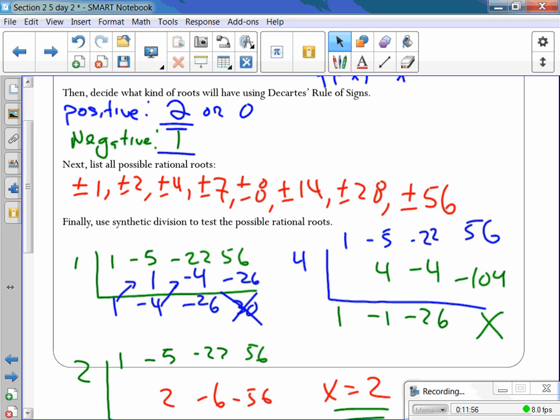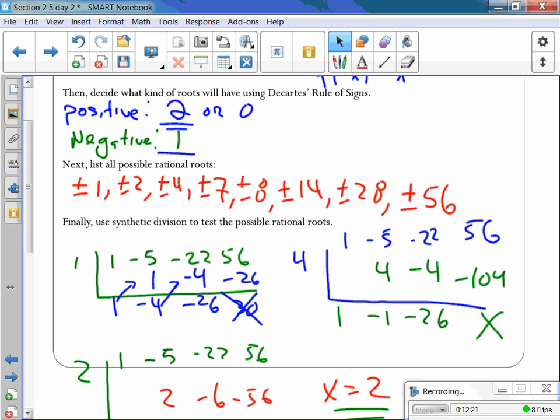Now it could have been 0 positives. Just because we had the 1 negative, it does not mean that there were 2 positives. It still could be 0 positives, and the other 2 could have been complex or irrational. Or it could have been irrational, so it would not come from this list of possible rational numbers.